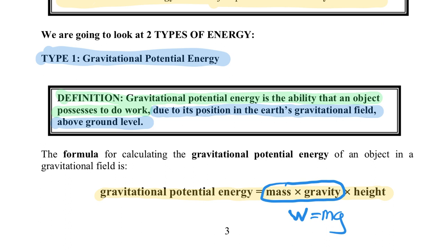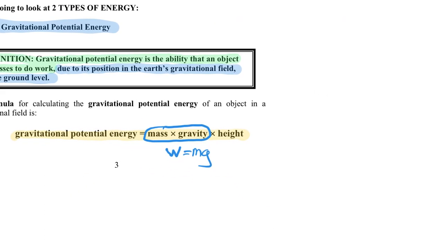And so this is why this mg appears in this formula. Let's say this is an object of mass m, and you want to move it. Now the gravitational field is in that direction and the surface of the planet is there.